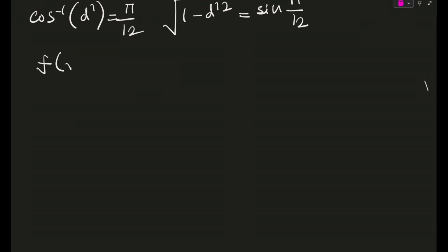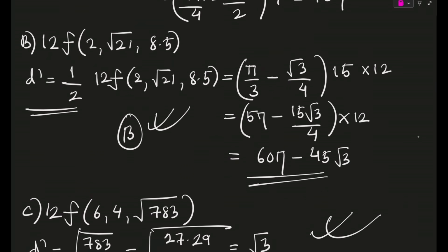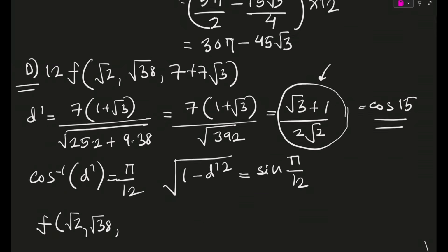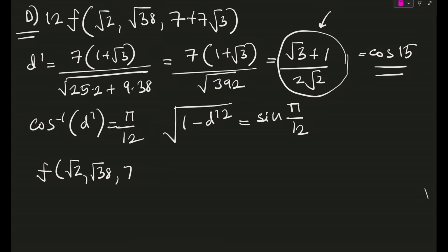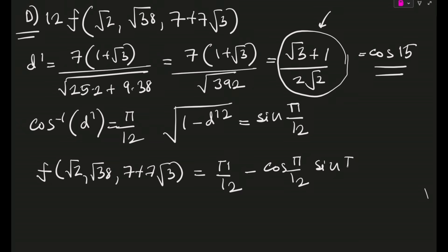Yeah, if we write this f of root 2 comma root 38, and this was, I guess, wait a minute, 7 plus 7 root 3, right? So this thing has come out to be right now cos inverse of cos d, that thing is your pi by 12, right? And this thing is actually cos pi by 12, and root under 1 minus cos square pi by 12 is sin pi by 12, right?